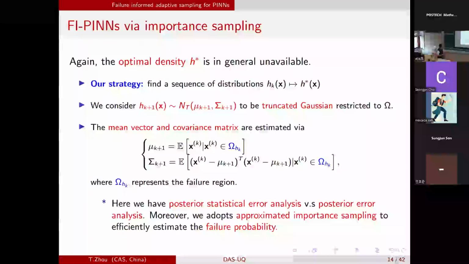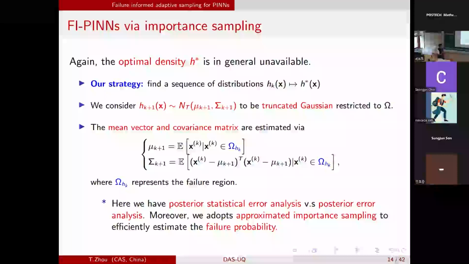But here, we just want to estimate the failure probability in each step. If the probability is less than the tolerance, then we end the computation. Otherwise, we add new points to the training points and restart the training procedure. So how do we add the points? We just generate a new point with this Gaussian random variable.